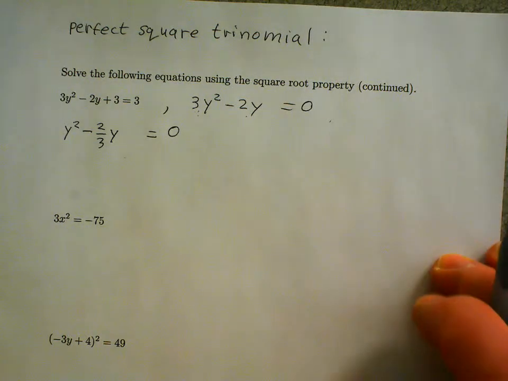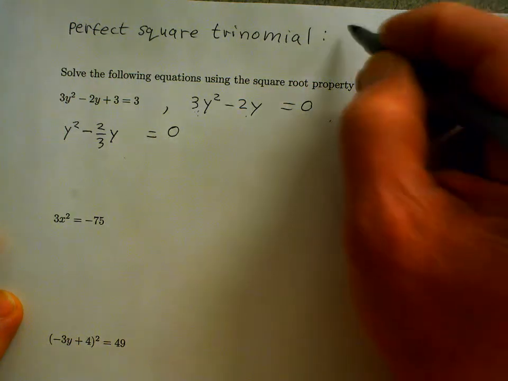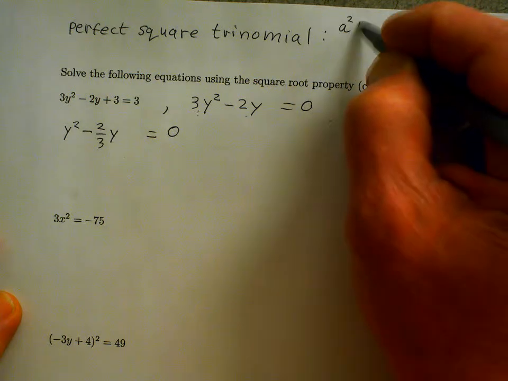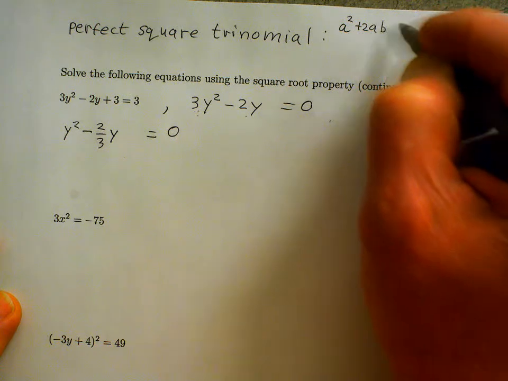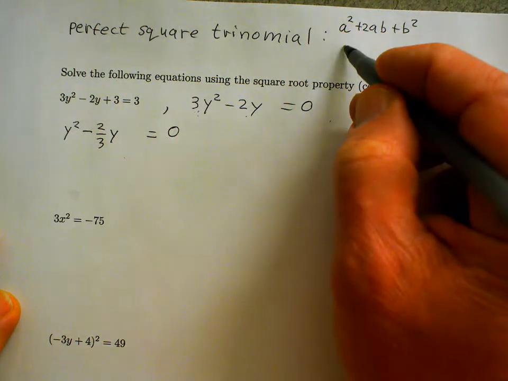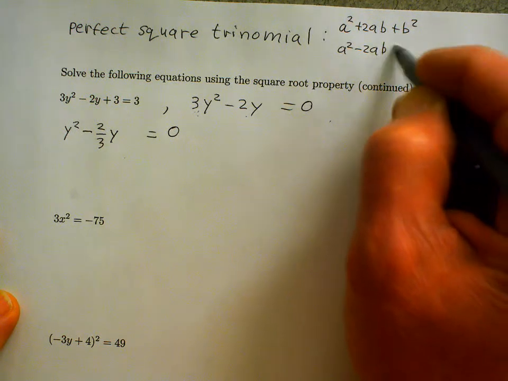So in general, perfect square trinomials have two forms. One form is a squared plus 2ab plus b squared. And the other form is a squared minus 2ab plus b squared.